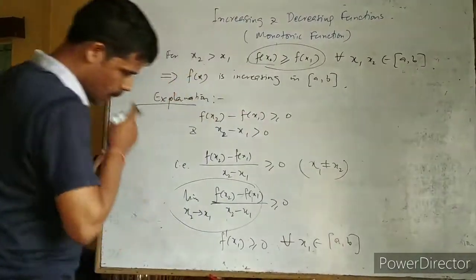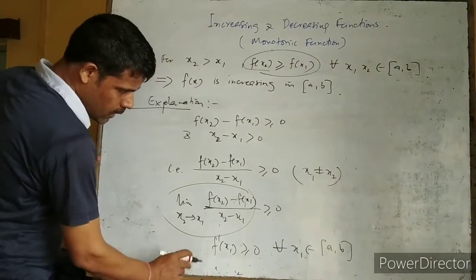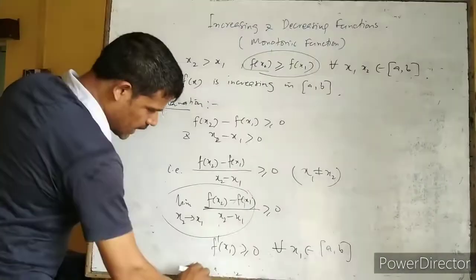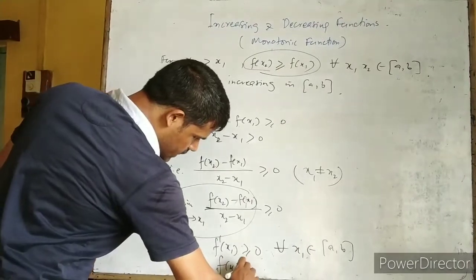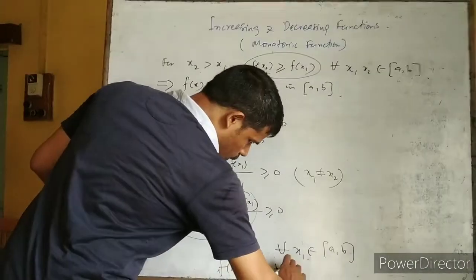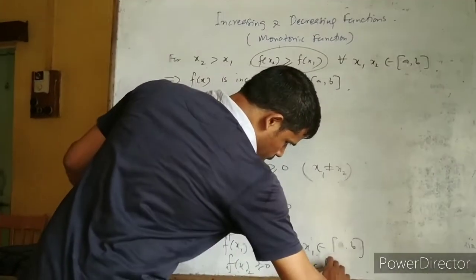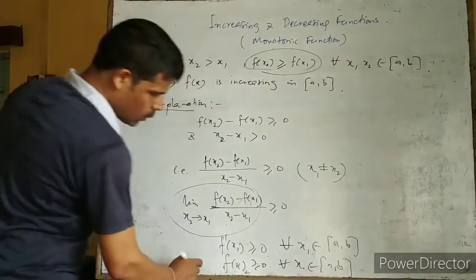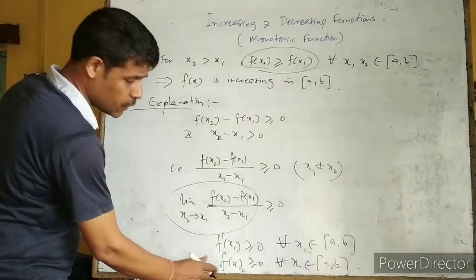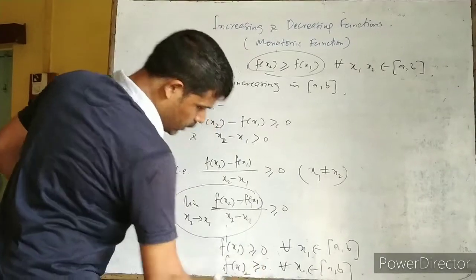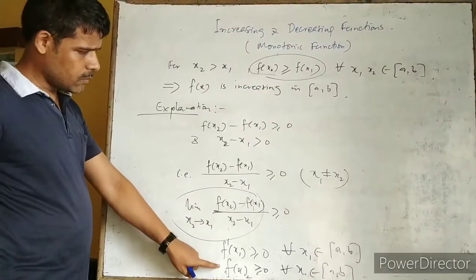Can I say this? Now in place of x1, in the next line we can have f dash x greater than or equal to 0 for all x in AB. This is what we have given in the definition using calculus for increasing. So this we call increasing.